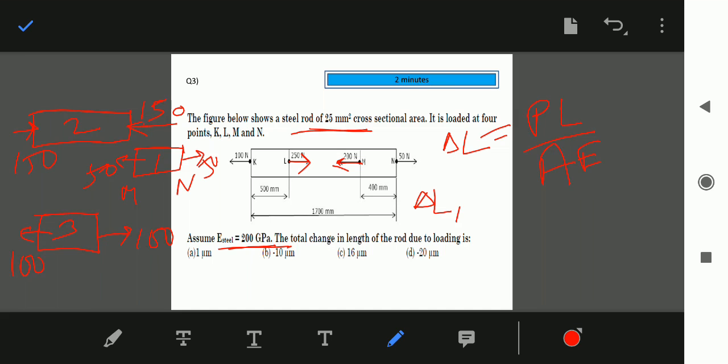The second one is in compression, so minus delta L2, and the third one again tension, plus delta L3. So you have to calculate delta L1, delta L2, delta L3, and you will get the answer. Delta L1 will be P1 L1 upon AE, with A and E the same. After calculating, you will get the answer to be minus 10 micrometer. This is slightly lengthy, but when we know the formula, this formula is very important, so you will easily solve.